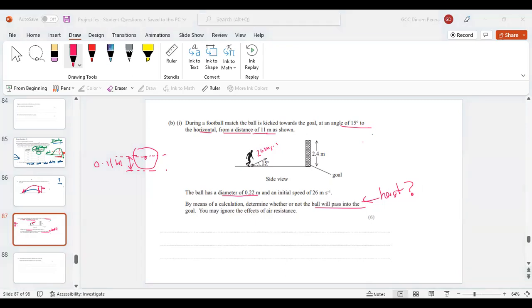The time is the linking quantity, which links horizontal motion and vertical motion. They have not marked it, but they have given the horizontal distance to the goal. You can use the horizontal distance to find the time taken for the ball to reach the goal.